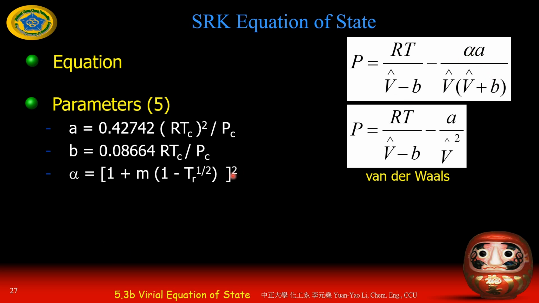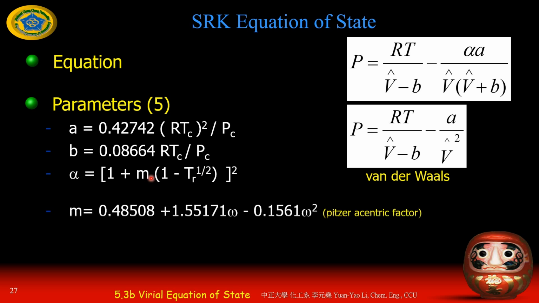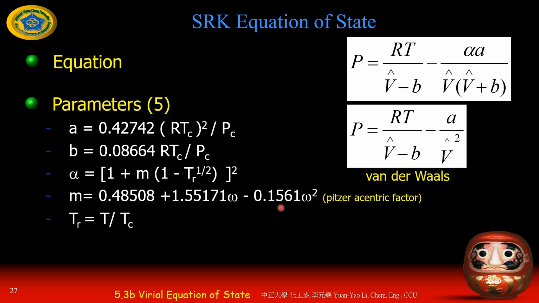And this alpha involves M and TR. Do you still remember what TR is? Reduced temperature, right? M is this. So you might say, wow, Professor, trouble keeps coming. No trouble. I will give you all of this.